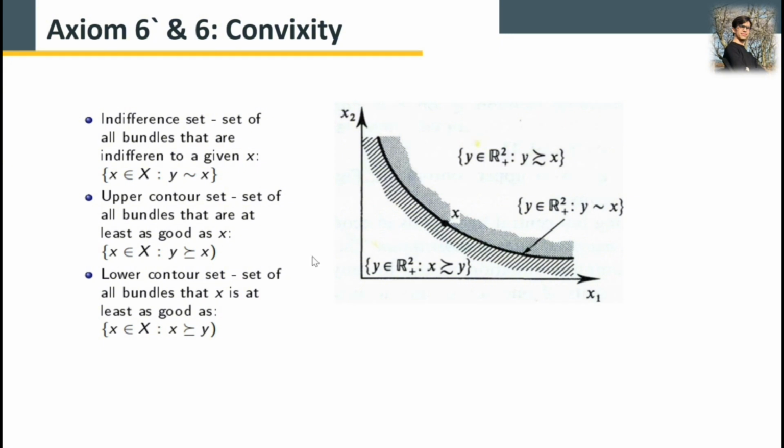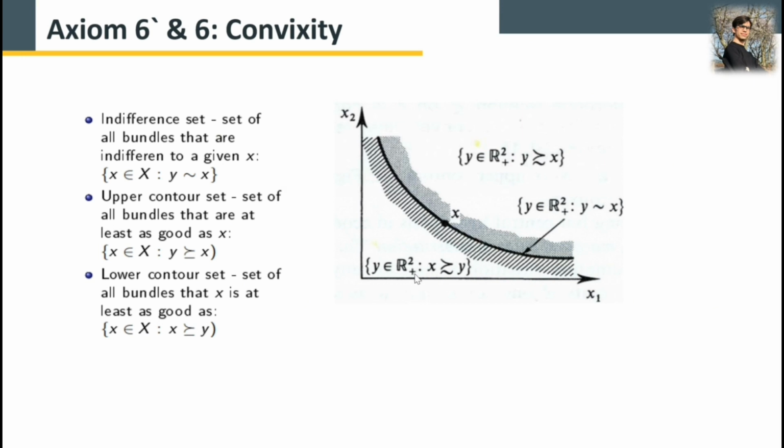And then we have lower contour set, which is a set of all bundles that X is at least as good as, where X is in the consumption set, and X is at least as good as Y. So the shaded area below the black bold line is the lower contour set.